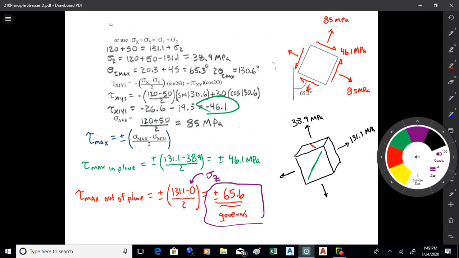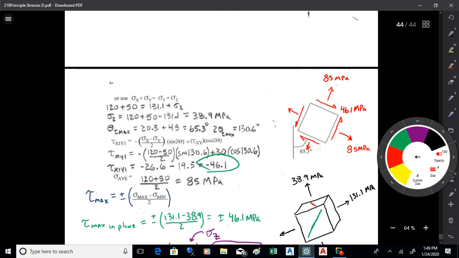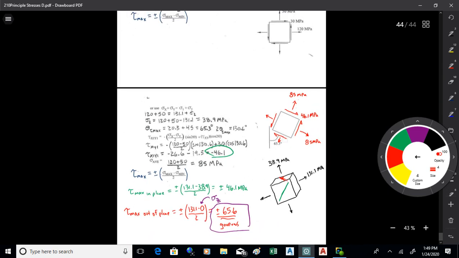See, that's not quite double the 46.1. It's quite a bit larger. So you have to be aware of that. So if you know that shear occurs on that red line that I'll mark here, it's right on that line at 45, running across that plane.